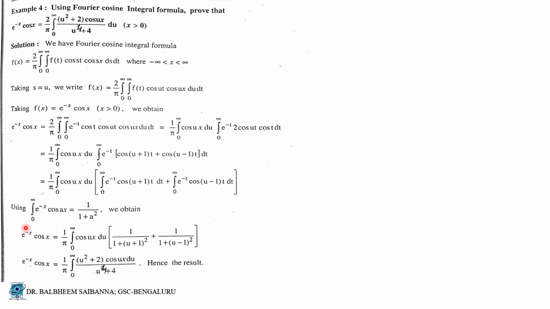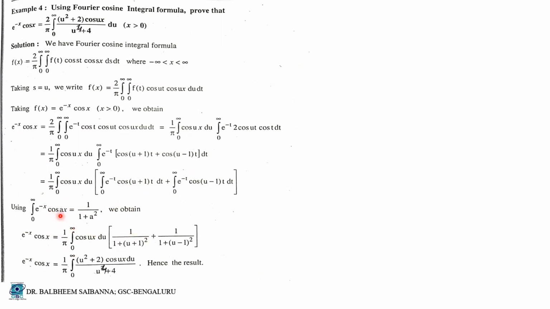Again using the formula, this is the standard result: integral 0 to infinity e to the power of minus x cos ax dx can be written as 1 divided by 1 plus a square. The left-hand side is as it is, e to the power of minus x cos x, and 1 by pi integral 0 to infinity cos ux du as it is. Now e to the power of minus t cos (u plus 1)t dt can be written as 1 divided by 1 plus (u plus 1) whole square.